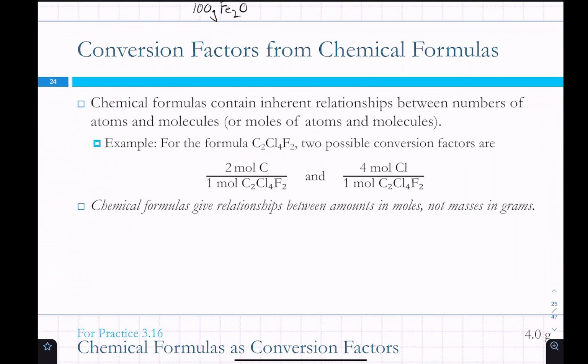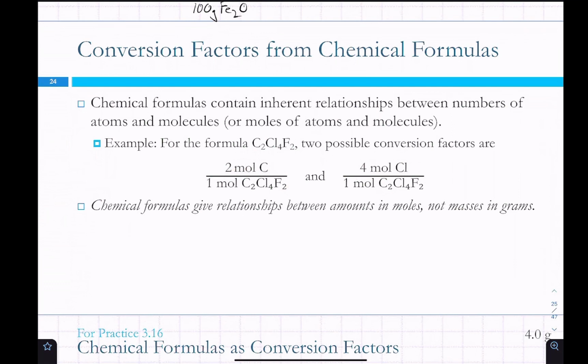So for C2Cl4F2, we could write a conversion factor from 2 moles of carbon for every 1 mole of C2Cl4F2. Or we could write a conversion factor from 4 moles of chlorine per every 1 mole of that molecule.